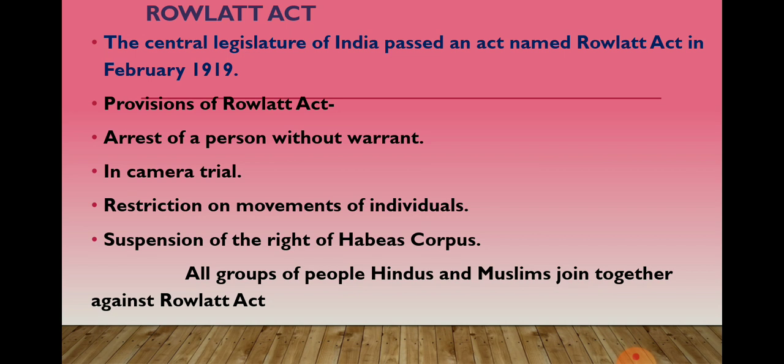The first factor that led to the launching of non-cooperation movement was Rowlatt Act. The Central Legislature of India passed an act named Rowlatt Act in February 1919. It is called a Rowlatt Act because it was formulated by Justice Rowlatt.